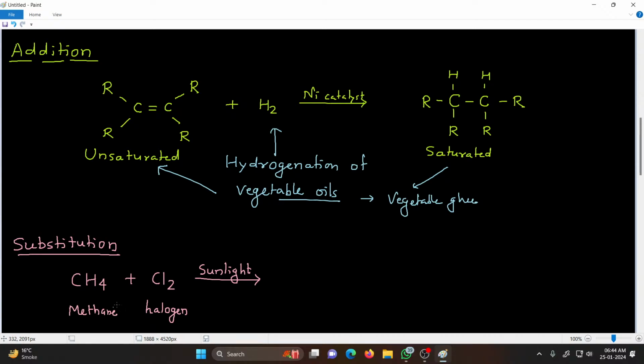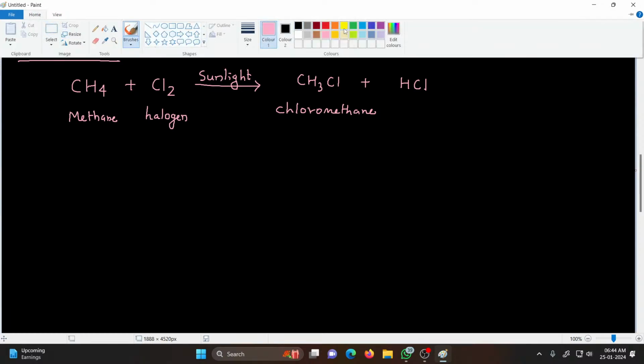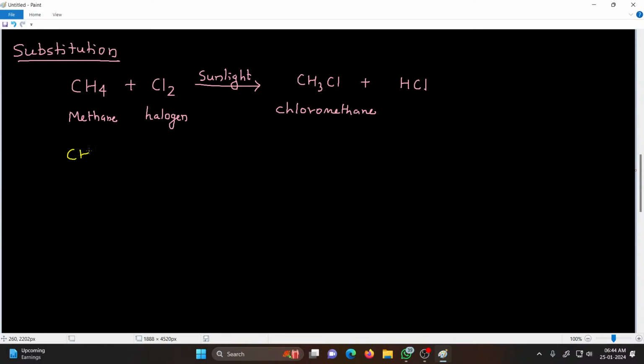So what happens in this reaction? One of the hydrogens is replaced by chlorine, so it becomes CH3Cl, and that hydrogen combines with chlorine to form hydrogen chloride gas, and it gives rise to chloromethane. Now the reaction can continue, and there is replacement of hydrogen atoms one by one.